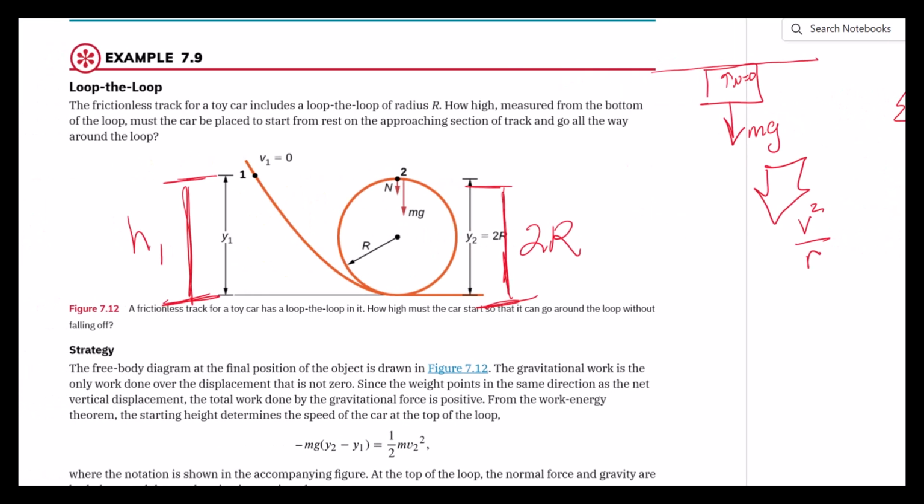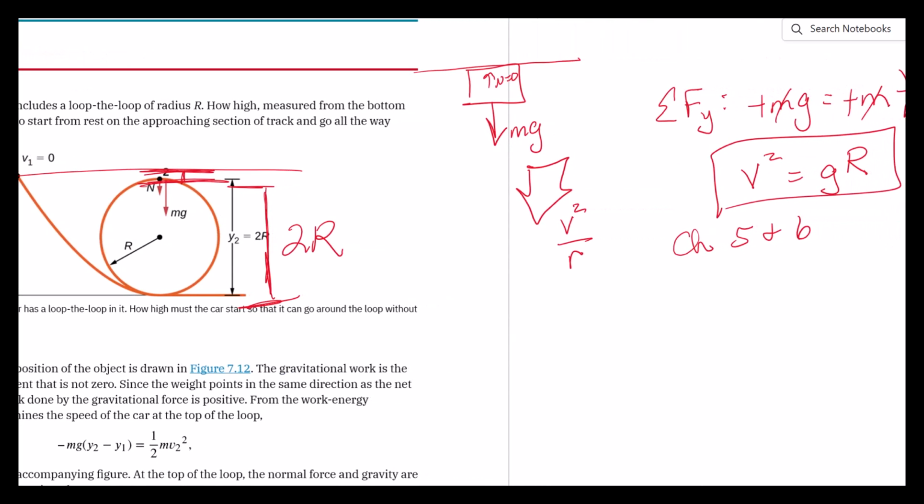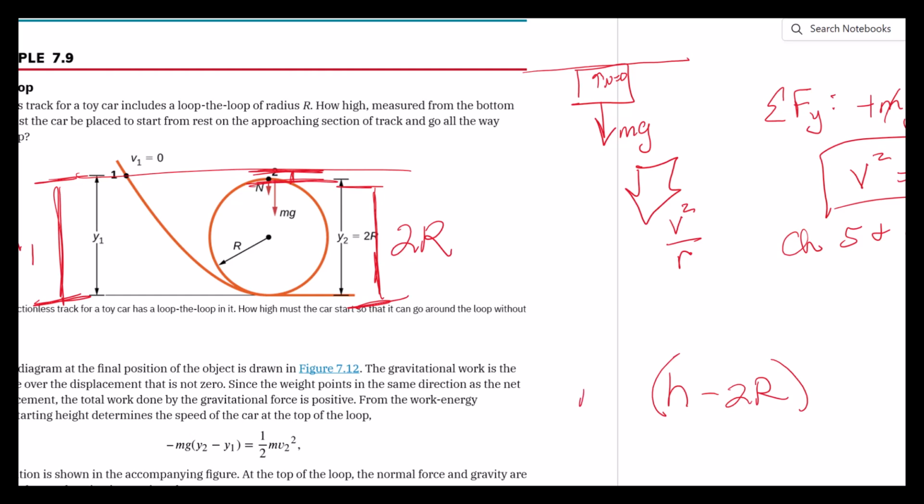So the total work done to go from here to here, well, it's not very far apart. Whatever h minus 2r is how far it's gone, and gravity, which is m times g, has done a good job if we assume h is greater than 2r.